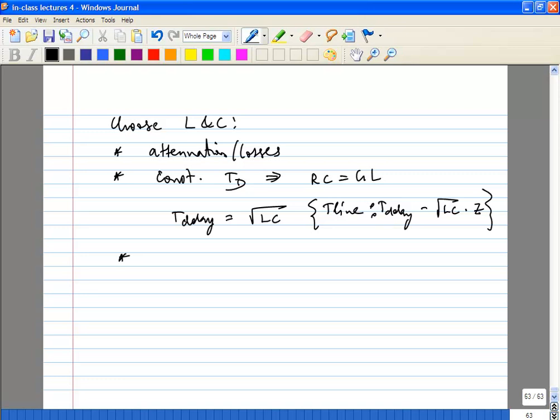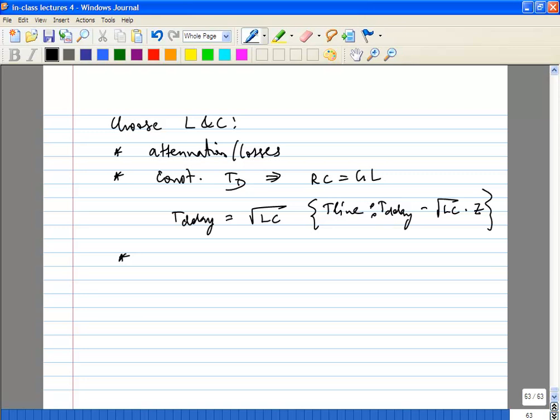The last thing to remember is that once you have decided to go to lumped elements, there is automatically a bandwidth limitation. If you had a transmission line with per unit quantities, it's a completely distributed system, so there is no bandwidth limitation. However, even with ideal lumped LCs, we know that at some frequency the capacitance is going to become a short, and it's going to be dominated by the inductance impedance.